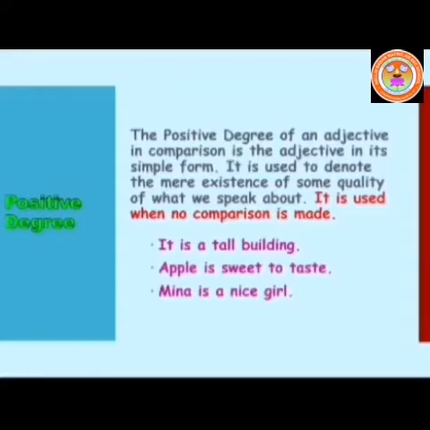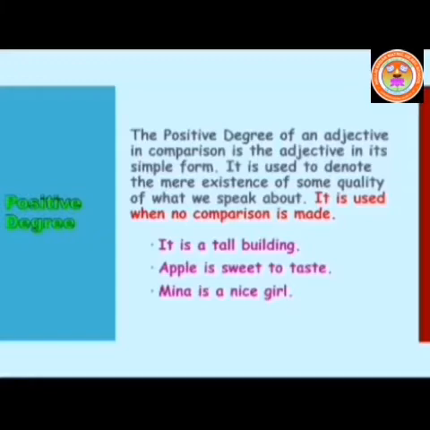How is the apple to taste? Sweet. Quality. Mina is a dash girl. Is a nice girl. So here we mention the quality of that particular person. So that's why it is called positive degree, and here no comparison is made.